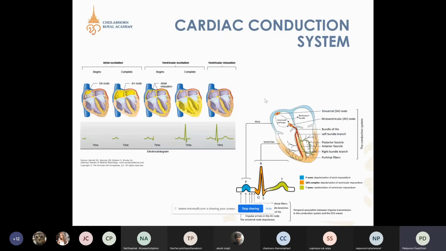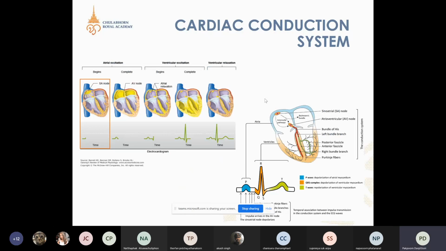Let's look at the correlation between the electrical activity within the heart and the body surface ECG. After the SA node generates an electrical impulse, it will cause the onset of the P wave.